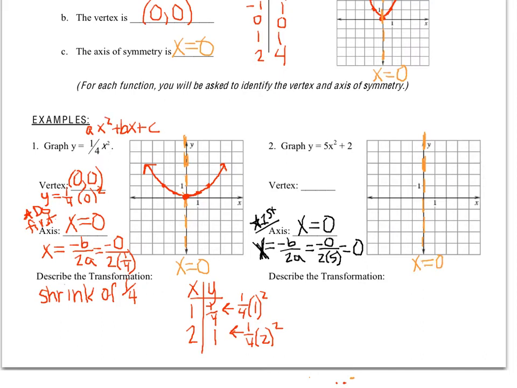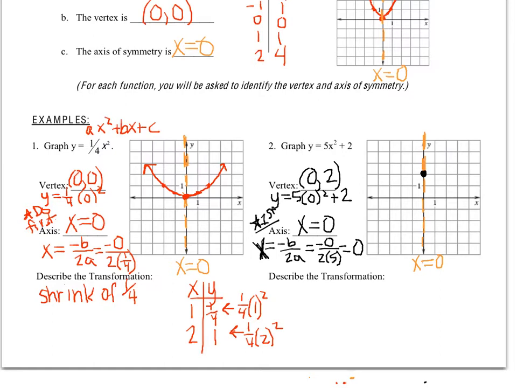Here's my axis of symmetry, x equals 0. Okay, so now I need to find my vertex. I know it's on the axis of symmetry, so the x value is 0. To find y, we plug it into our equation. So y equals 5 times 0 squared plus 2. 0 squared is 0 times 5 is 0. 0 plus 2 is 2. So my vertex is 0, 2, which is right up here.